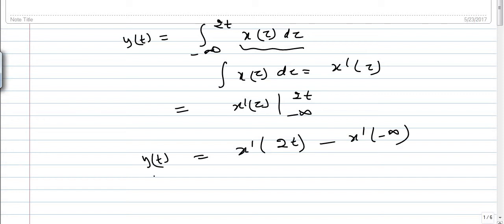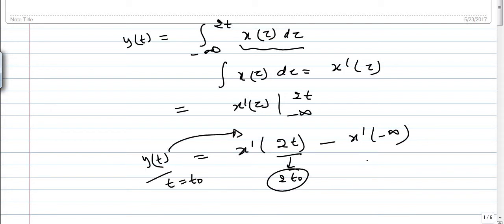If we take any present value of time t equal to t naught, then this 2t naught represents the future value. So my output depends upon the future value of input. When t is positive, this system will be non-causal.